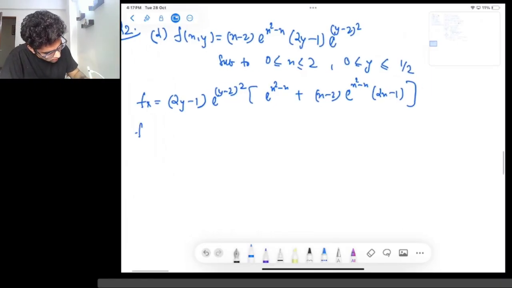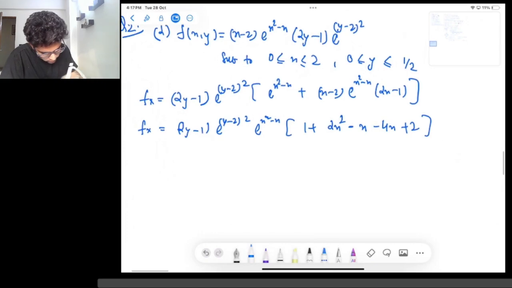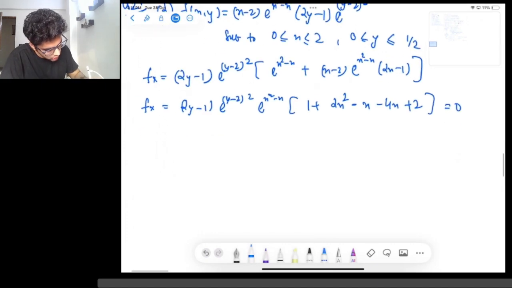If I take this term e^(x² - x) common, I'll be left with 1 plus (2x - 1)(x - 2), which is 2x² - x - 4x + 2. So this should be equal to 0. I'll save my time and just copy this term.